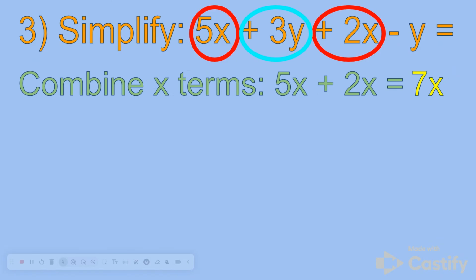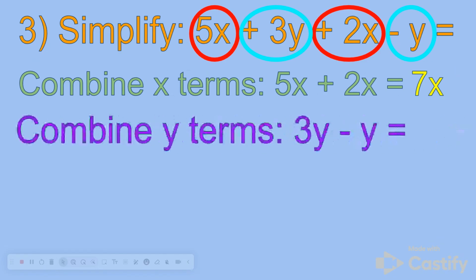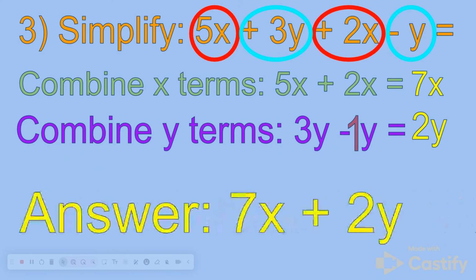Then I take my plus 3y and my minus 1y, or 3y minus y, and I put those together. So this is really just 3y minus 1y. So we just do 3 minus 1 to get 2. So we have 2y. So then my simplified expression would just be 7x plus 2y.